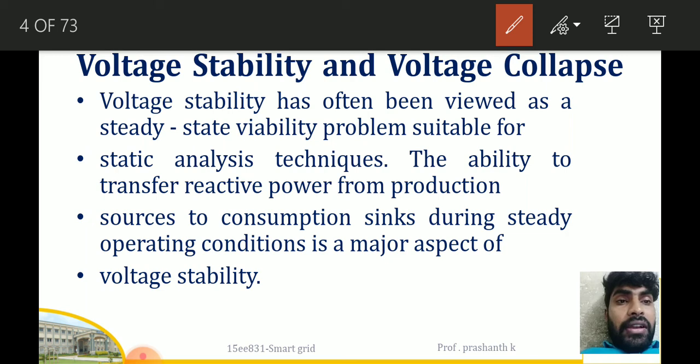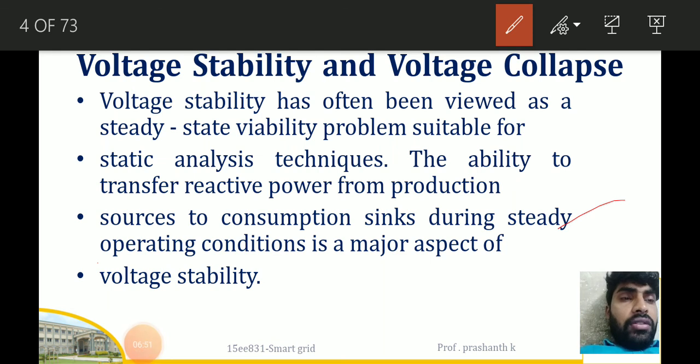So in the smart grid we can eliminate reactive power, wastages, and other drops also. It's a continuous power supply system with intelligent displaced sources to the consumption sink during steady state operation, in major aspects of voltage stability. So that will also be there in this system.